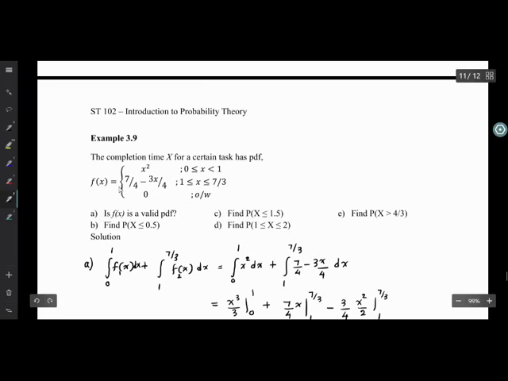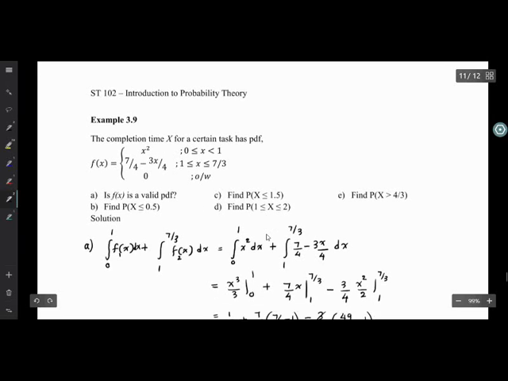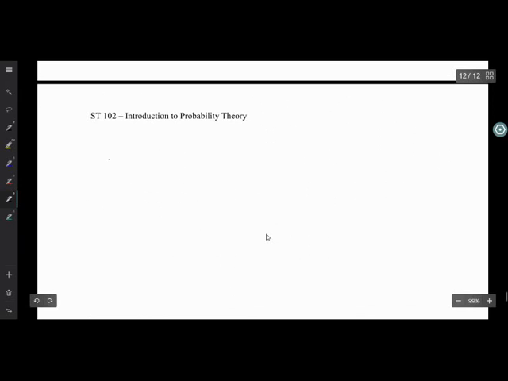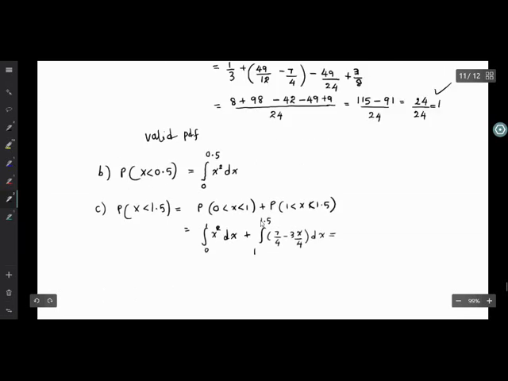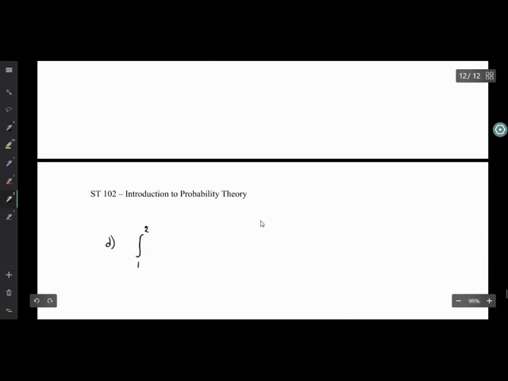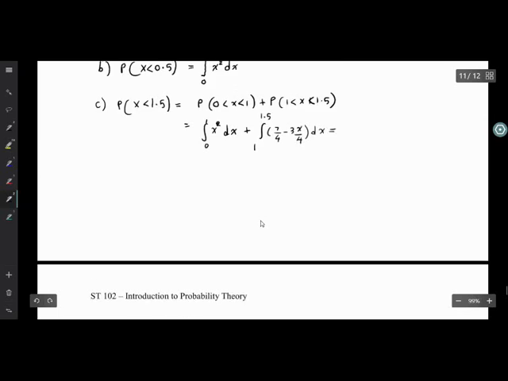So you can use only the second function to answer part D. So for part D, from 1 to 2 you use the function 7 over 4 minus 3x over 4. Okay.